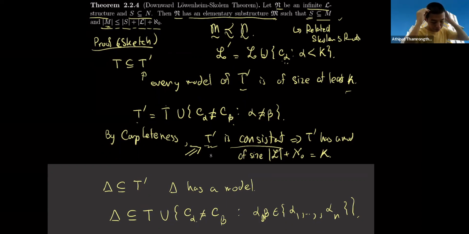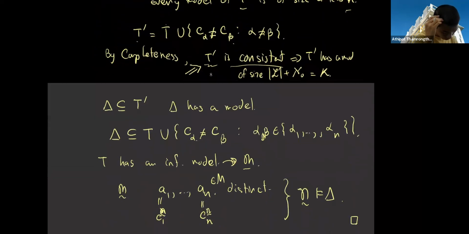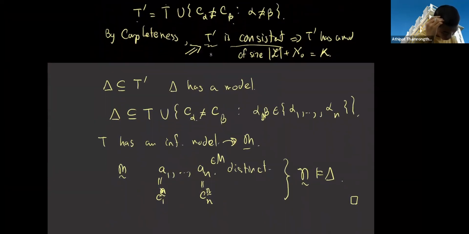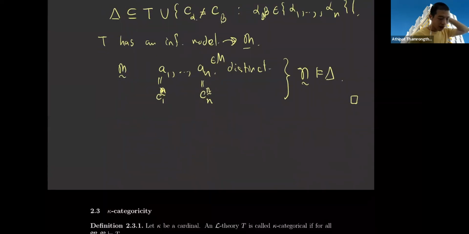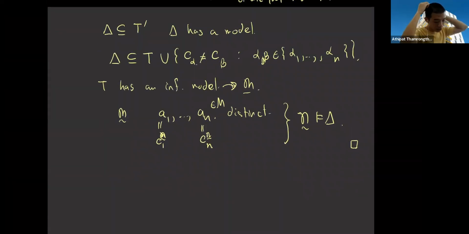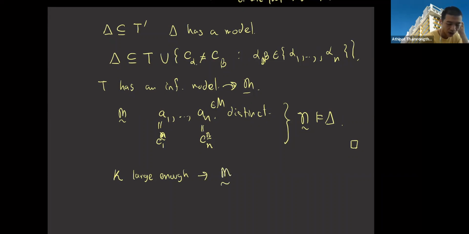Okay, I still have several more to go. Okay, and next we can see that when we have a cardinality kappa, right? If kappa is large enough, if you have a structure M, you can find an elementary extension N such that N is of size kappa, right?